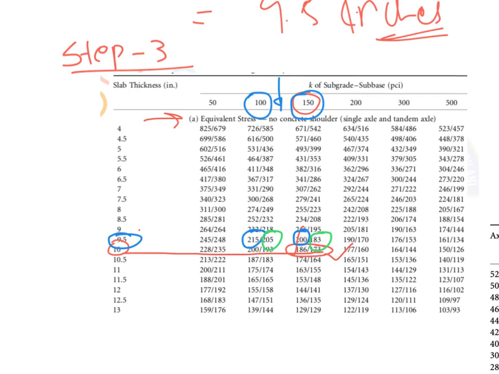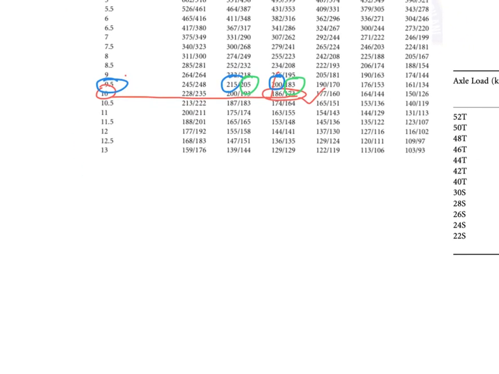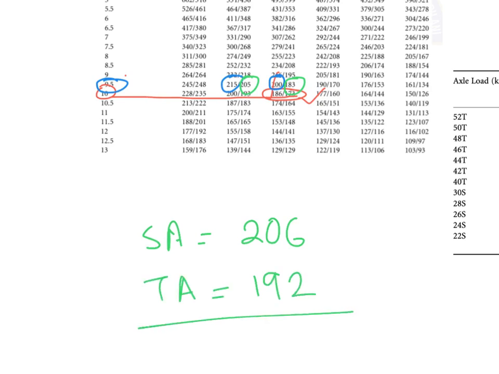You can do the interpolation part. You will get an equivalent stress of 206 in case of single axle load and an equivalent stress of 192 in case of tandem axle load.